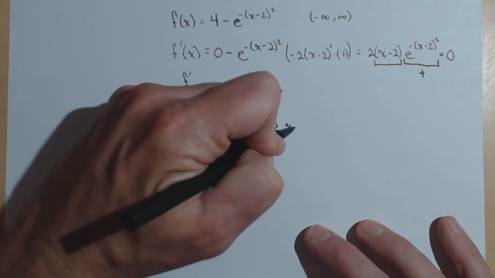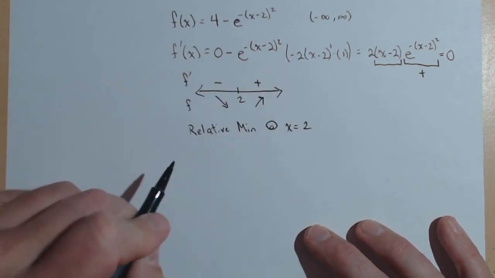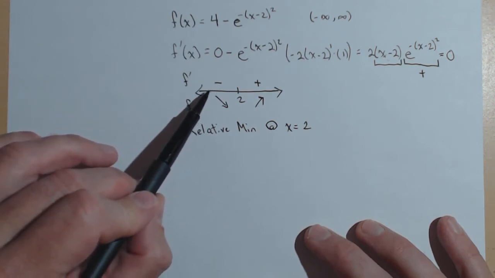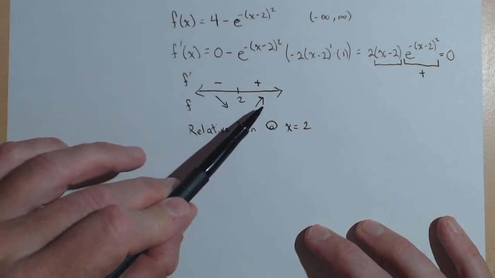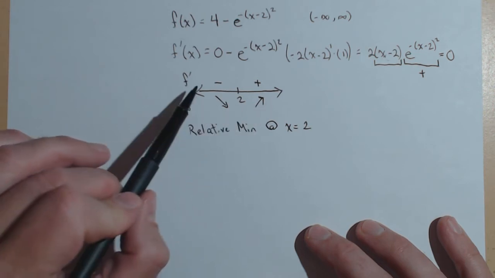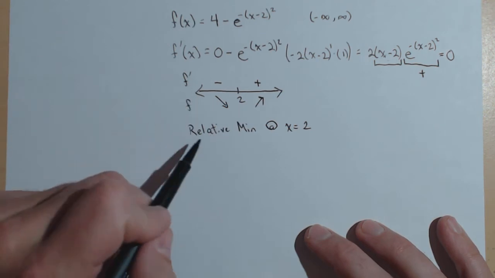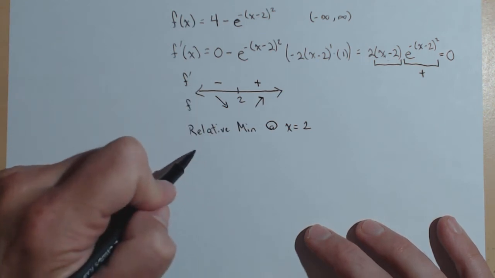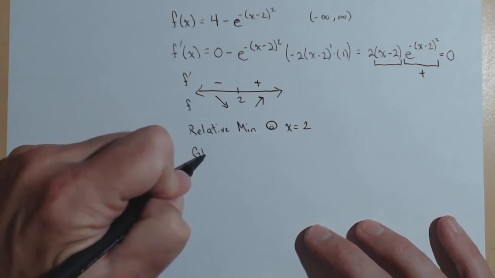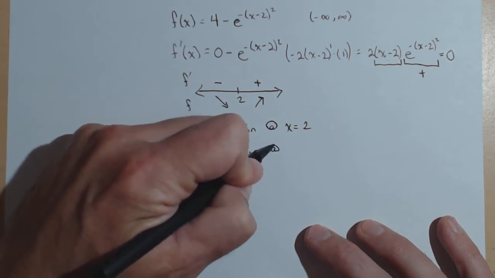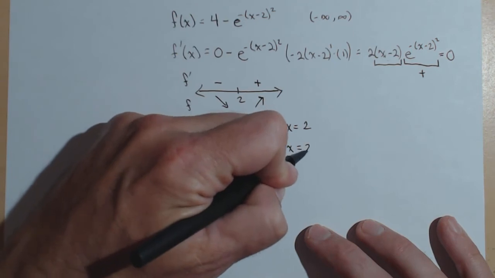at x equals 2. Now, what we know of this function is it's decreasing to 2 and then increasing after 2. It's always decreasing before 2 and it's always increasing after 2. So not only do we have a relative min at x equals 2, we're going to have a global min at x equals 2.